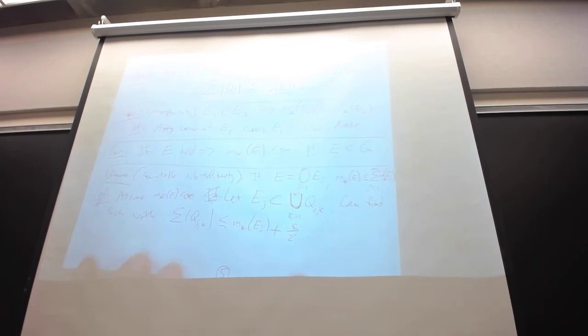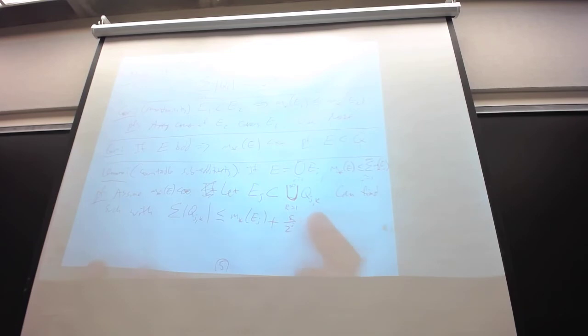Does everybody see that? We take our E_j and cover it by cubes, so that this cube cover is no bigger than the infimum plus epsilon over 2 to the j. So let's fix epsilon, which will be arbitrary. Again, we're giving ourselves an epsilon of room.